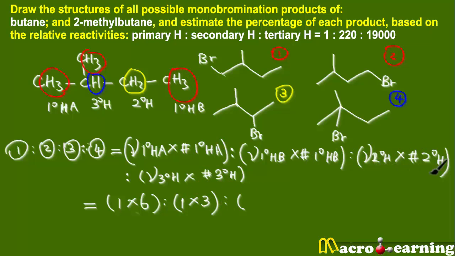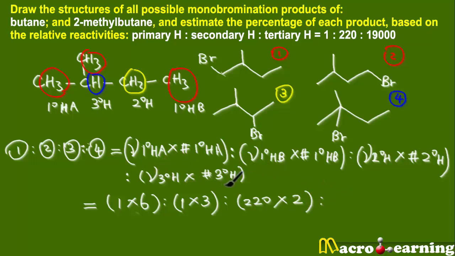And the third part, secondary hydrogen, this one in yellow, the relative reactivity is going to be 220, as given in the question, times the number of secondary hydrogen, which is 2 of them, right?